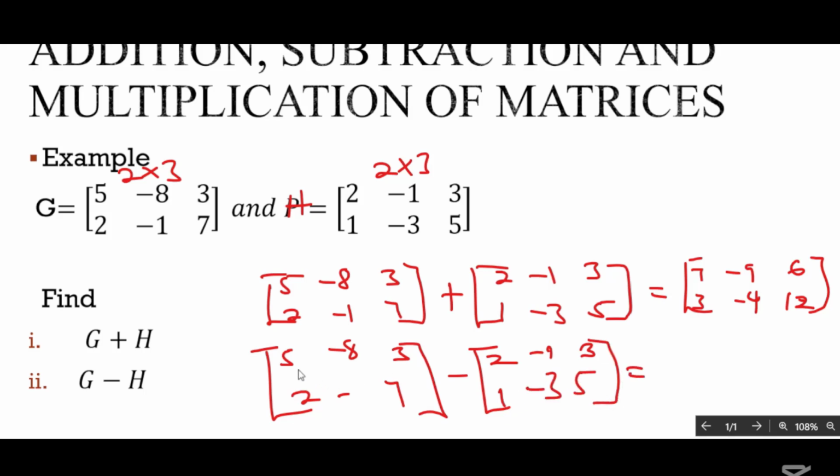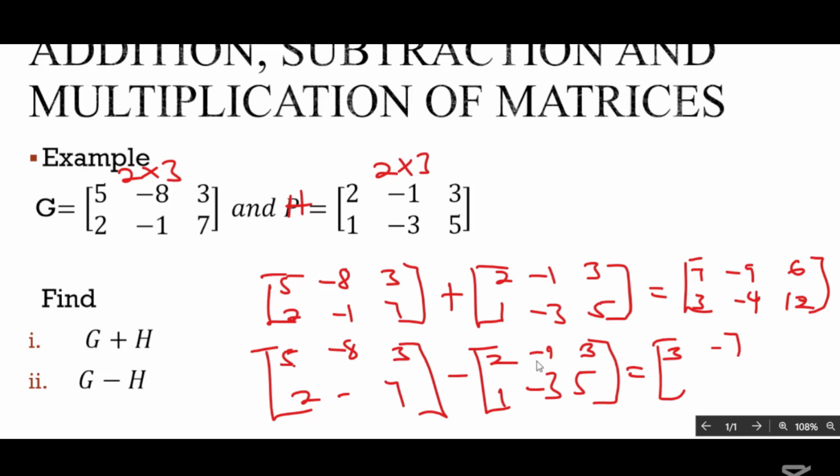As usual, we subtract corresponding elements. So 2 from 5 gives us 3. Then negative 1 from negative 8: negative 8 minus negative 1, so here we are going to get negative 7.